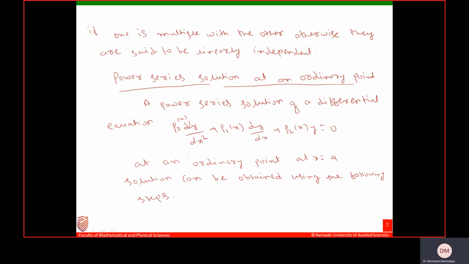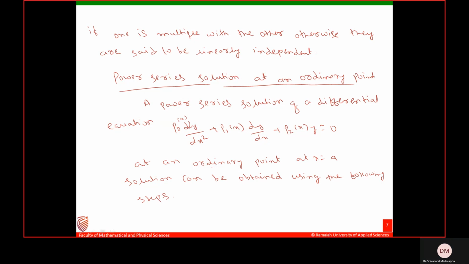Again, this is a linear differential equation satisfying the ordinary point condition. Then how do you solve this equation? The following steps explain how we solve these series solutions.